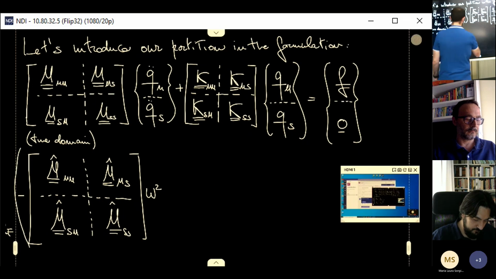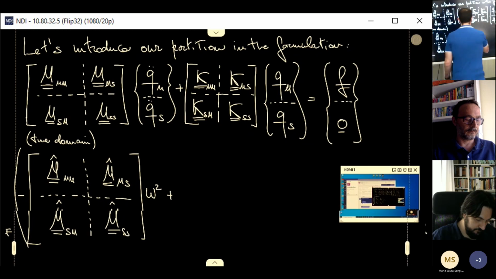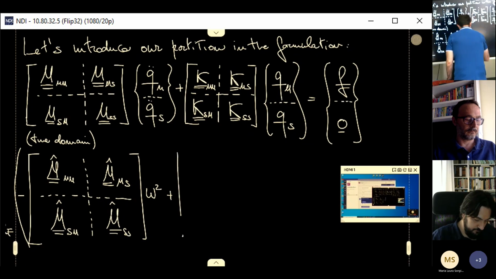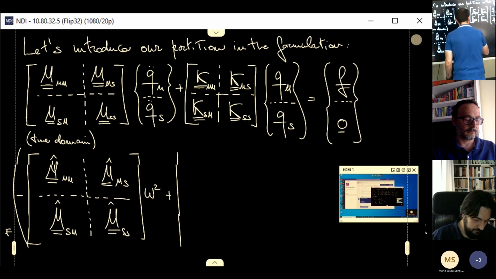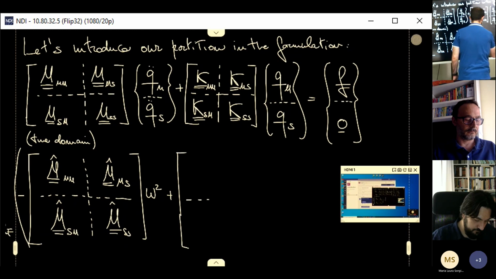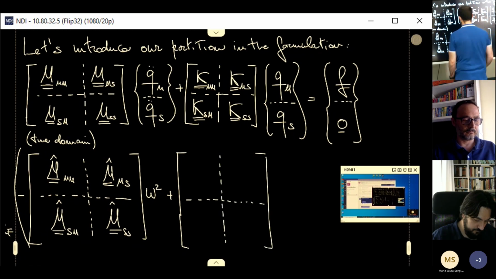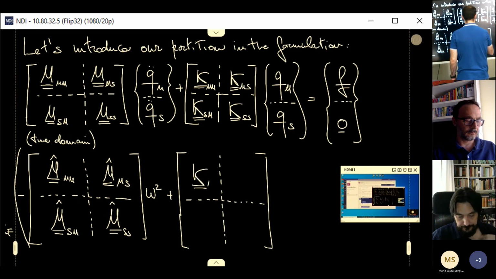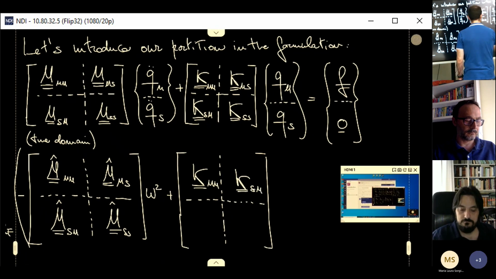All of this can be summed to the second term, the stiffness term. Again here we have the Fourier transforms.